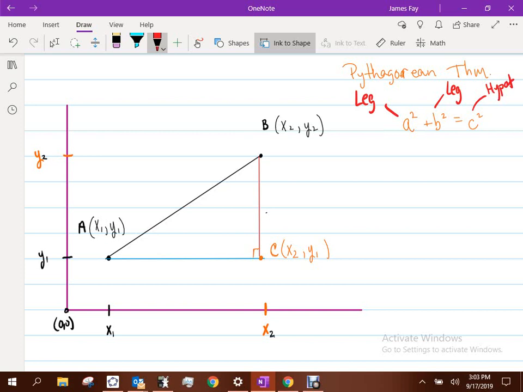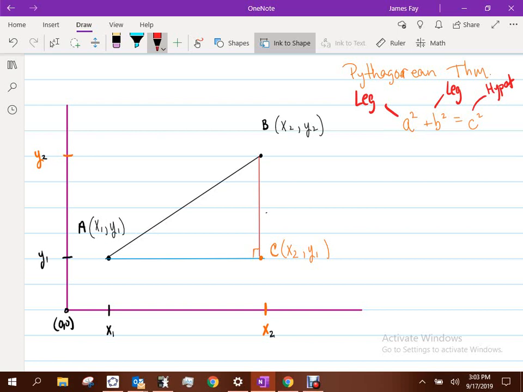Okay, good. And those were the distances, right? So if I were to take the distance of a leg, square it, add to it the distance of the other leg squared, that will equal the distance of the hypotenuse squared. Okay? We know that to be true, right? Later on in the year, we'll prove why that's true. But we're going to use this logic, this argument that we know that to be true, to allow us to come up with the distance formula.